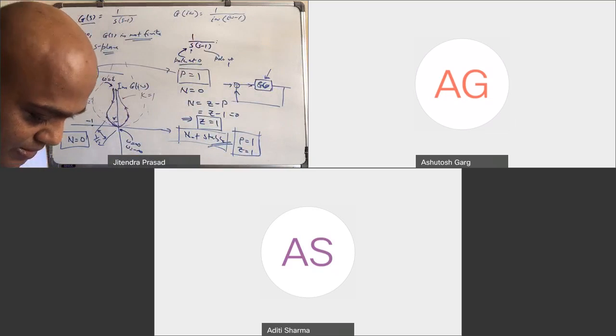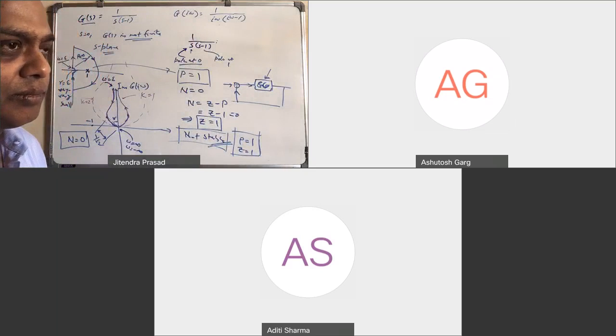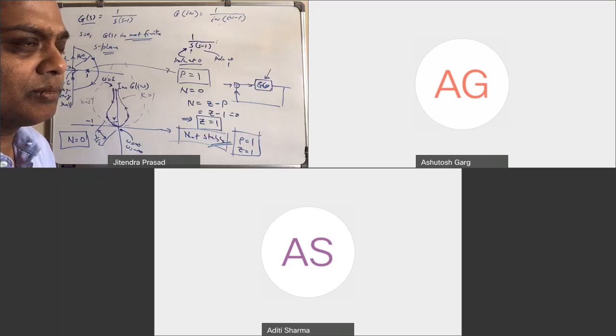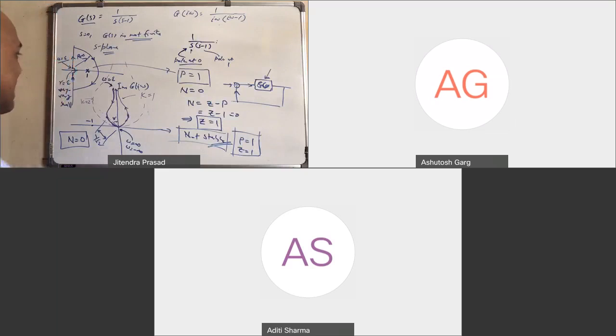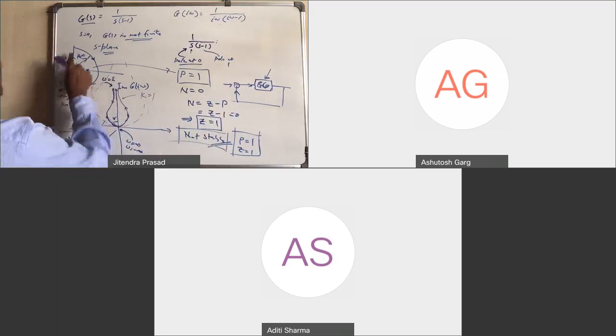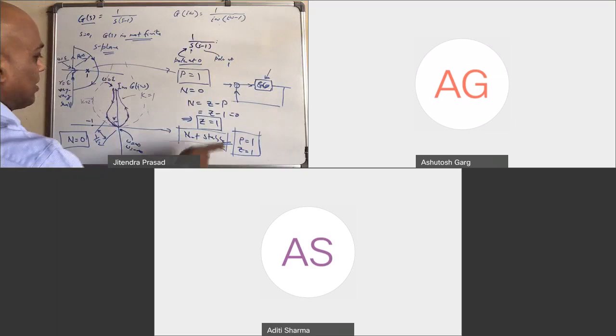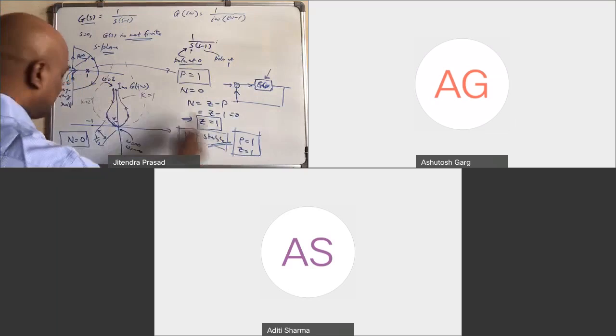Sir, for 1 plus GS, what does the value P equals to 1 and Z equals to 1 tell us? Okay, that tells you that inside this loop, there is one pole and one zero.